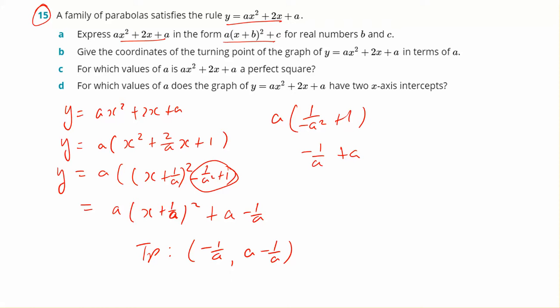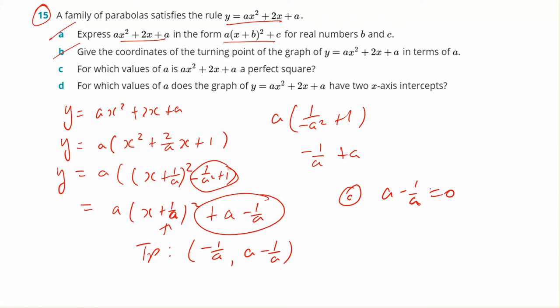Next step: we've done step A and step B. We found the turning point coordinates. For what values of a is that equation a perfect square? It's a perfect square if this constant term is gone, if that thing is 0, because we're left with a perfect square. So we let a minus 1 on a equal 0 and solve for a.